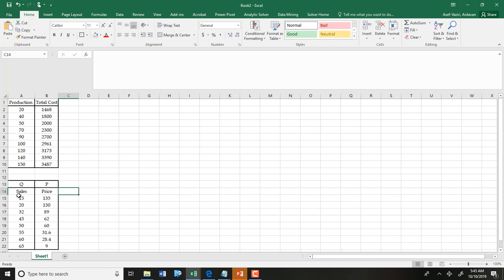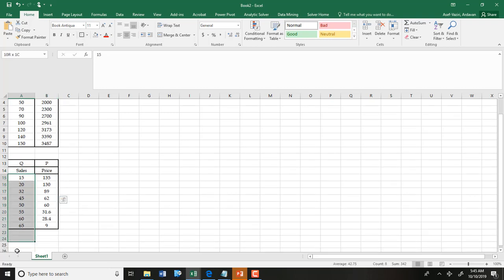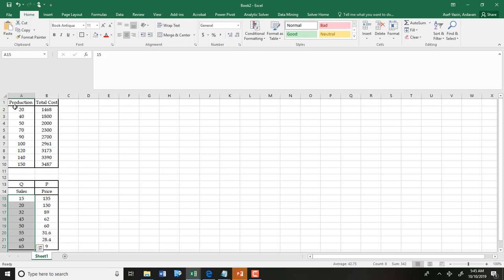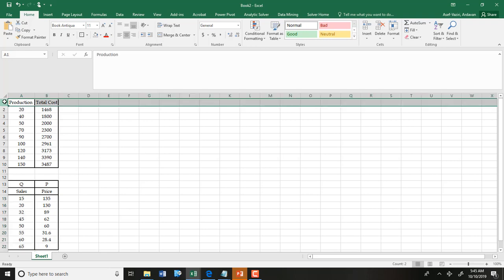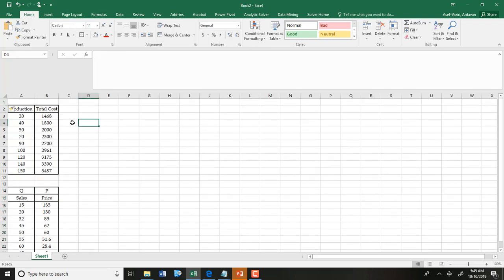But the data that we have available here are not for the same quantities. They are not for the same quantities, but they show the general relationship between cost and quantity and price and quantity. So this is what I have.